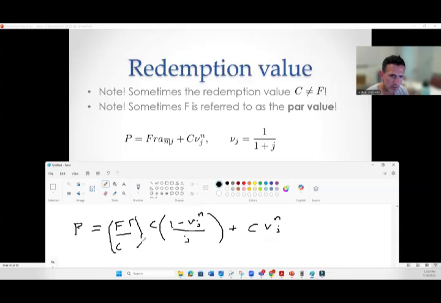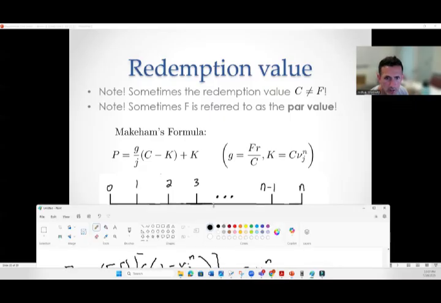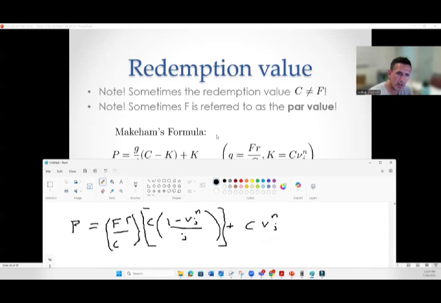And this is a reasonable thing to do. Why? Because remember, G is FR over C. So also, as I did before, I'm going to just move the J here.